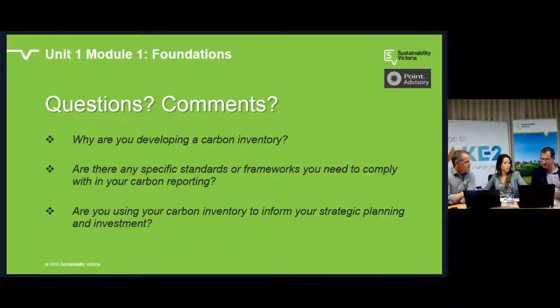We have a question from Tony from East Gippsland Water, noting that the current National Greenhouse Accounts factors, NGA and ENGA, and the global warming potentials in those documents are different to the ones we presented in our slide earlier.